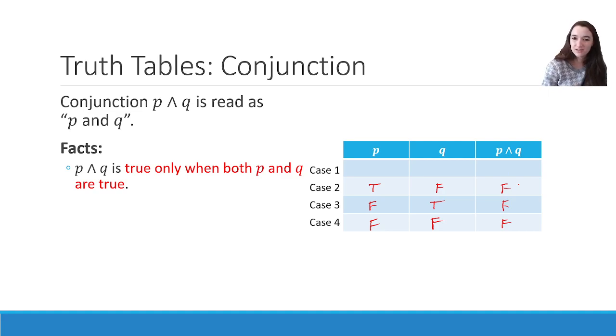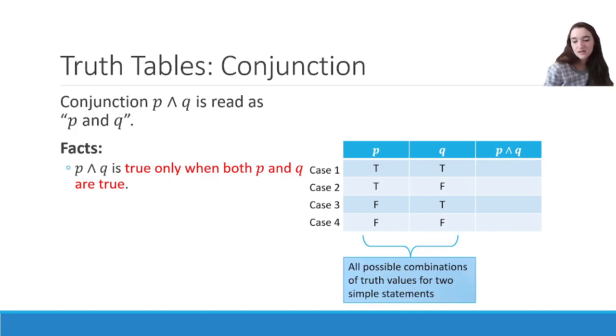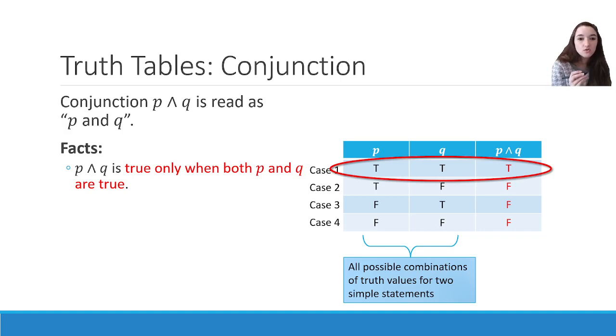Now we finally get to the nice one. I am wearing a gray shirt and I'm a brunette. Did I lie to you? No, everything I said was true, and so it is true. Cool. That's how the and statement works. The only time that it is true is if both of the statements coming into that conjunction are true already.